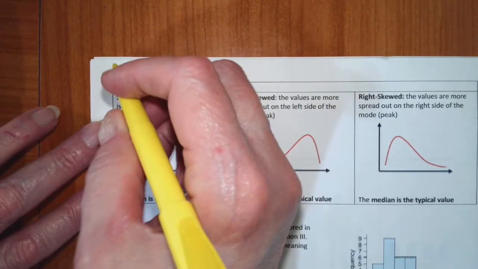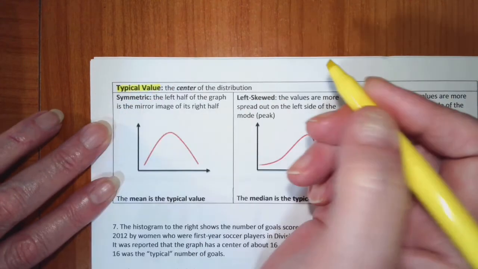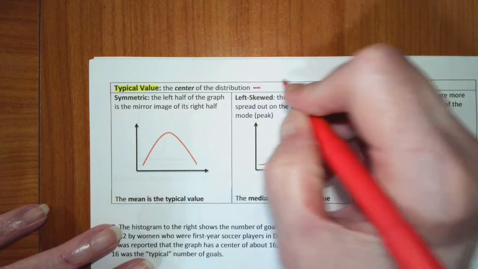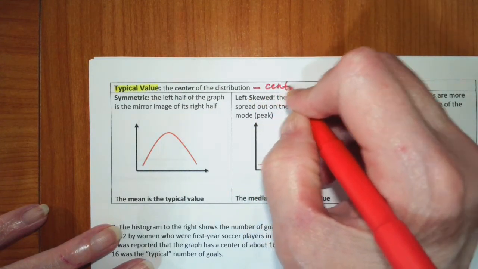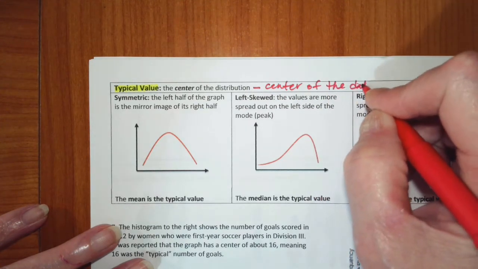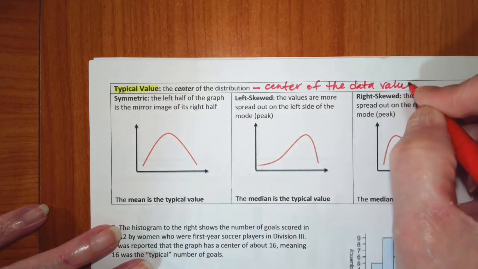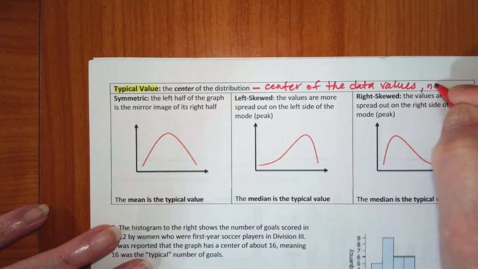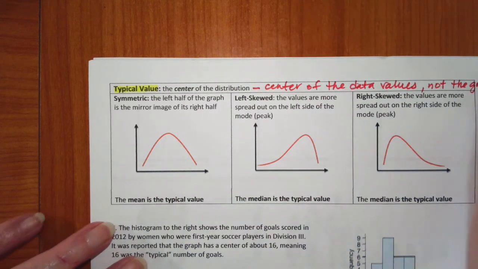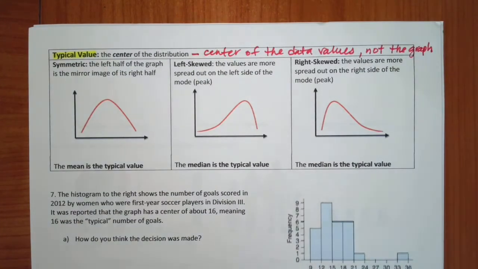The typical value is the center of the distribution, which means it is the center of the data values, not the graph. Whoops, I'm sorry, you can't see that. And it is related to the mean and the median.